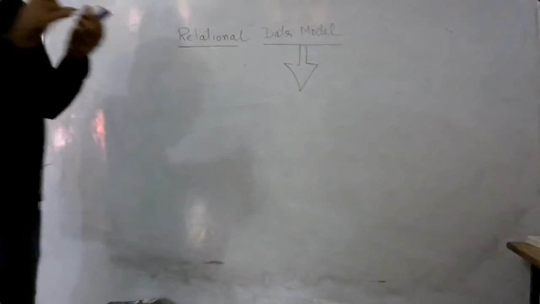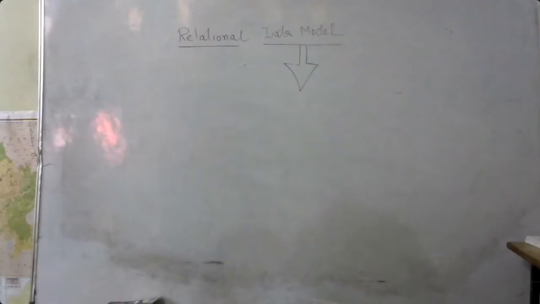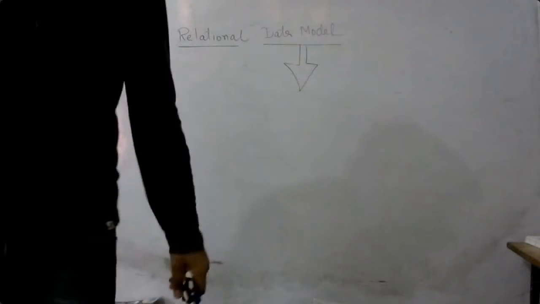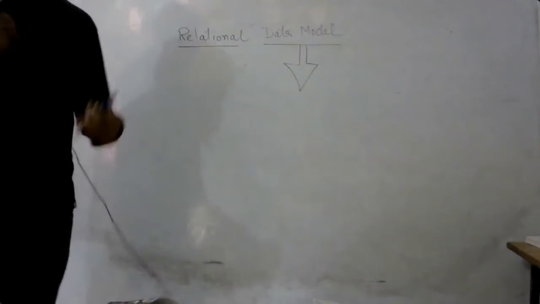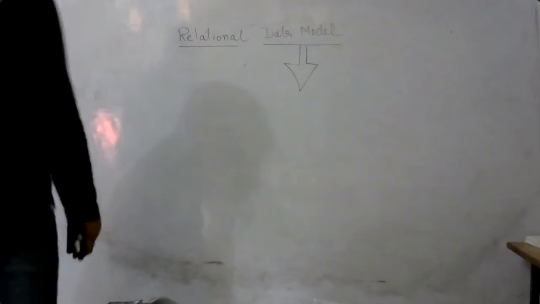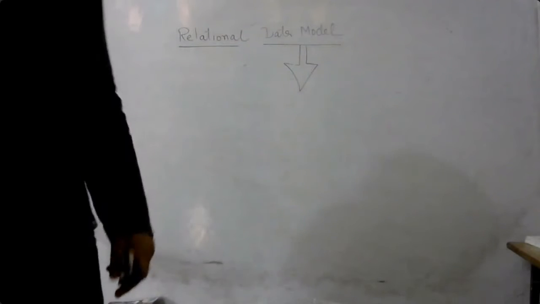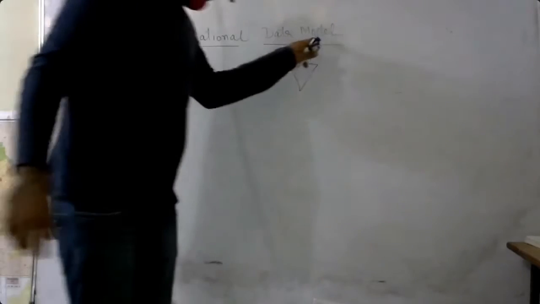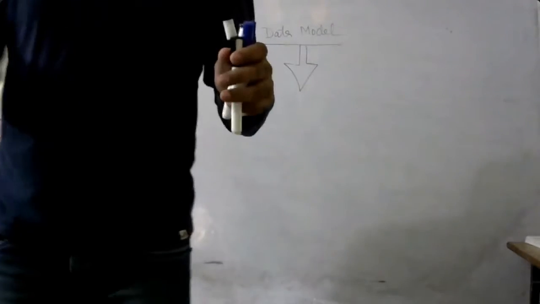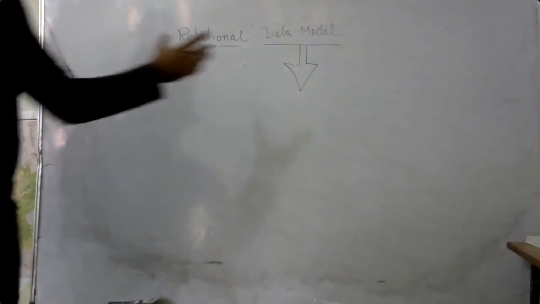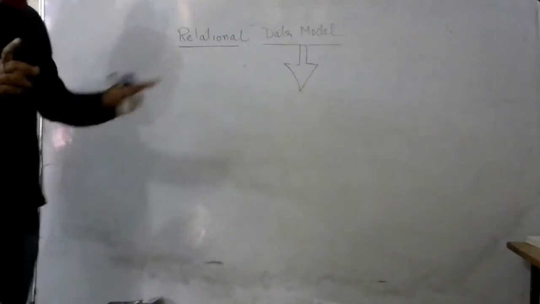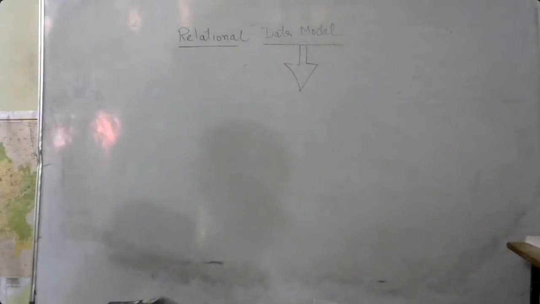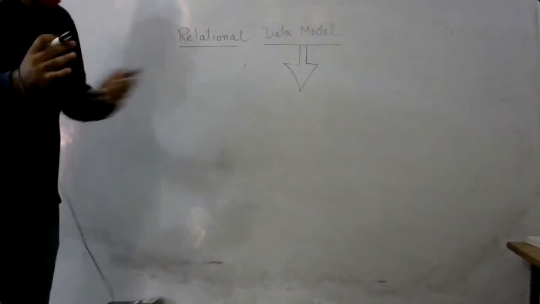You all might have created a model up to now in your life, in 10th standard, or if you are from science background, then in 12th standard, or you might have studied software engineering. If you have studied software engineering, you might have heard this term model or the term prototype. So what is data model?